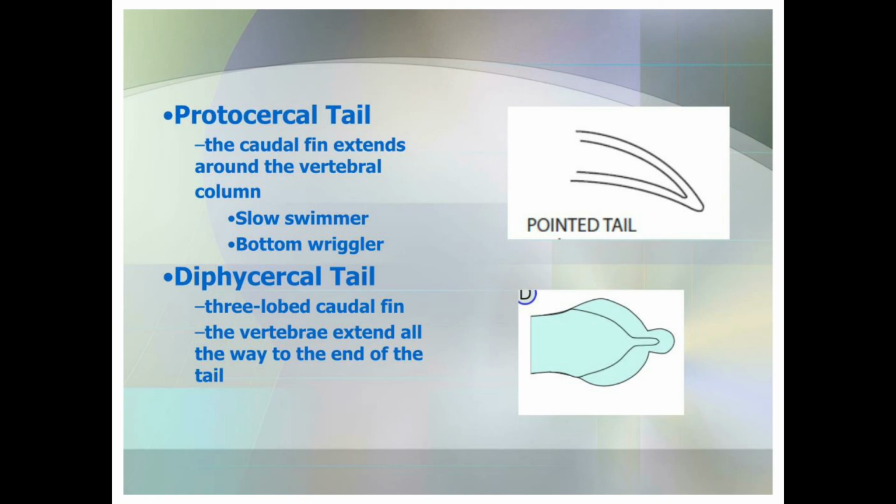In the circle tail, it is three-lobed like a caudal fin, and the middle lobe extends to the end of the tail, called the circle tail.